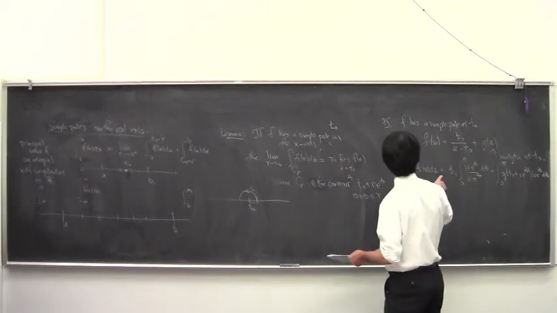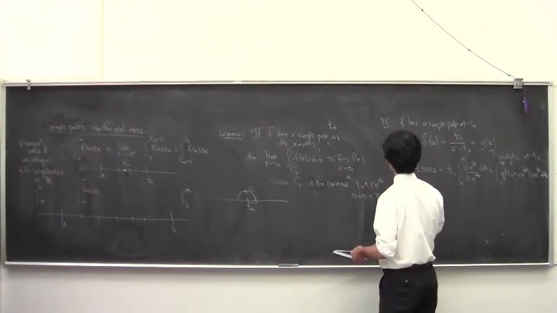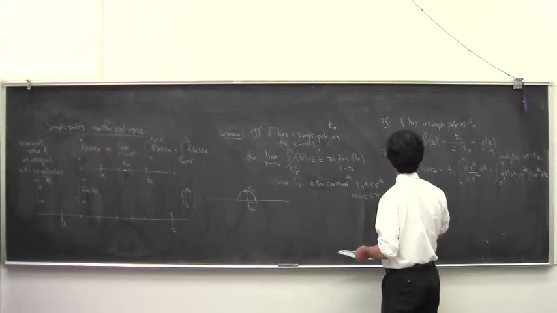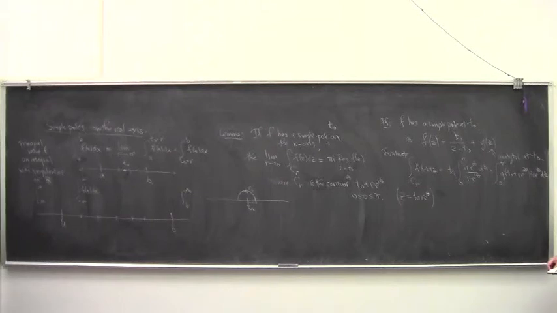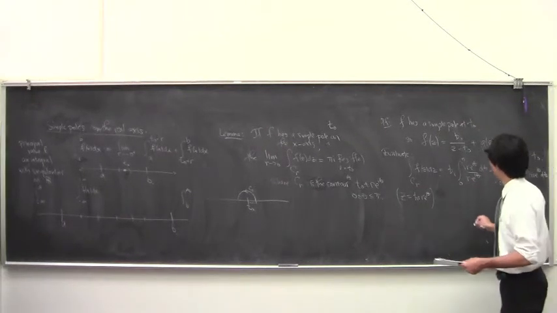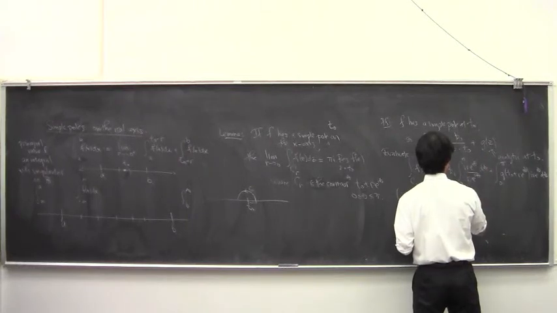Your z is this, right? t naught plus r e^{i theta}. And so what you get, of course these guys cancel.